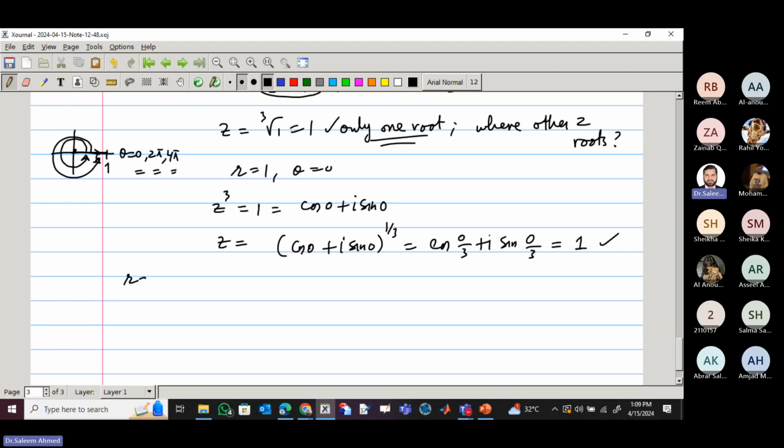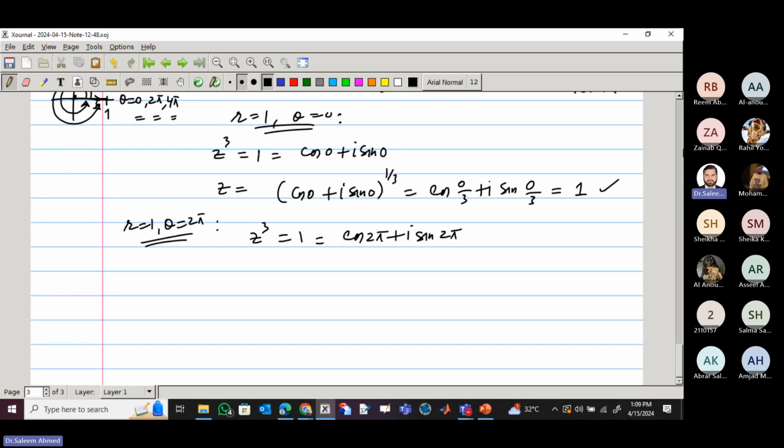Now I will take r 1 and theta 2 pi. This is the second choice, case 2, right? So my z cube is 1, but 1 can be written in polar form as cos 2 pi plus iota sine 2 pi, because now I am taking the argument as 2 pi. So now z will become cos 2 pi plus iota sine 2 pi to the power 1 over 3.